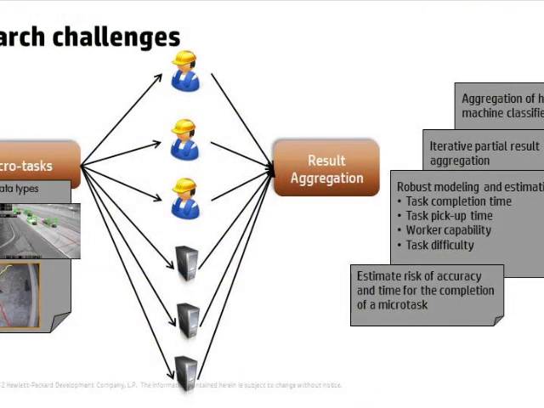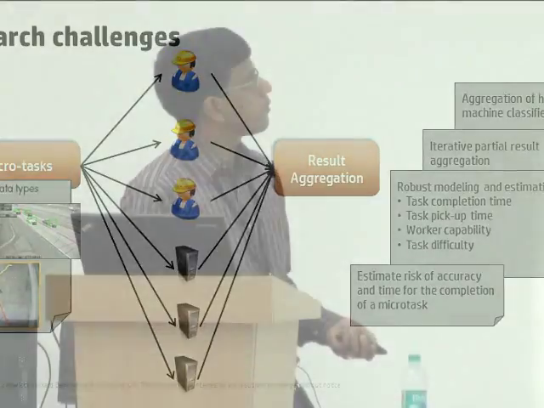Some of the research challenges are, if you try to aggregate these results from different workers, one of the problems is that these data types are very different. For example, if you ask somebody to label all the cars on the highway, you have bounding boxes of the face. But if you ask what is the trajectory of this person in the video, these are lines like this.